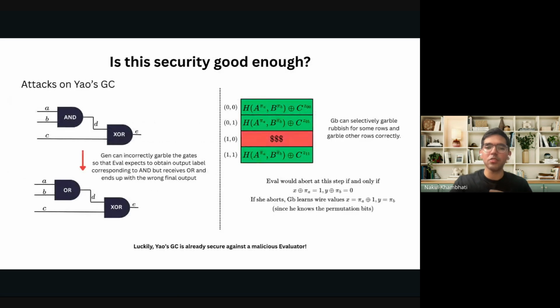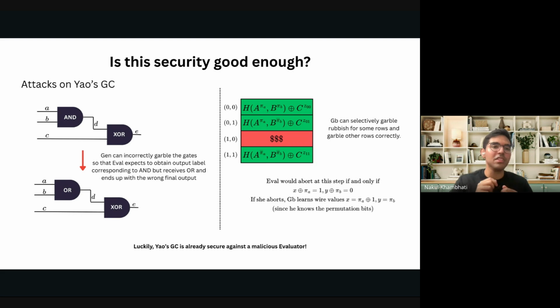And the next question is, is the security good enough? And why not? Okay, so all I've shown right now is that these protocols are secure and they hide the data that you'd want to hide, so long as parties behave, right? Now, going back to Yao's GC, the gobbler could actually incorrectly gobble the gates so that the evaluator expects to obtain the output label corresponding to an AND gate for this first gate with A, B, and D as the wires.